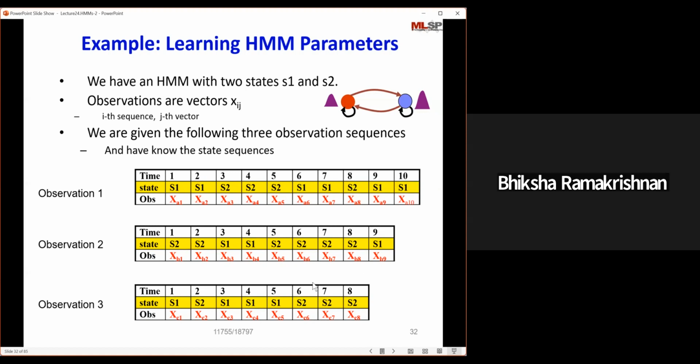So similarly, let's just assume that you know the exact state sequence followed by the process in generating the observation sequence. Does this assumption make sense to you guys?